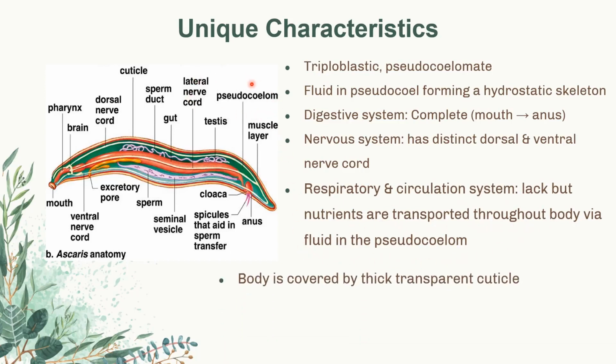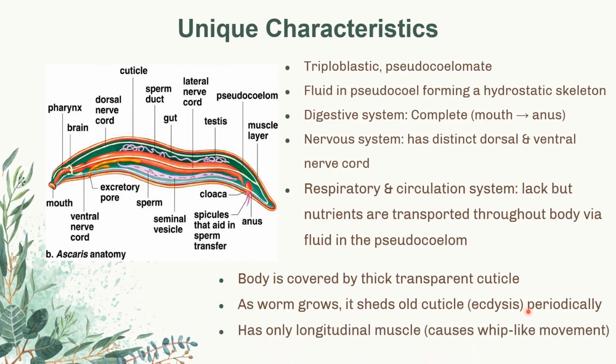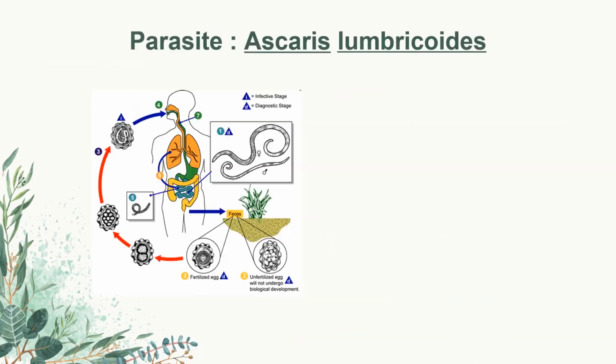The body is covered by a thick transparent cuticle on the outside. As the worm grows, it periodically sheds its old cuticle by the process of ecdysis, and it has only longitudinal muscle, which causes whip-like movement.